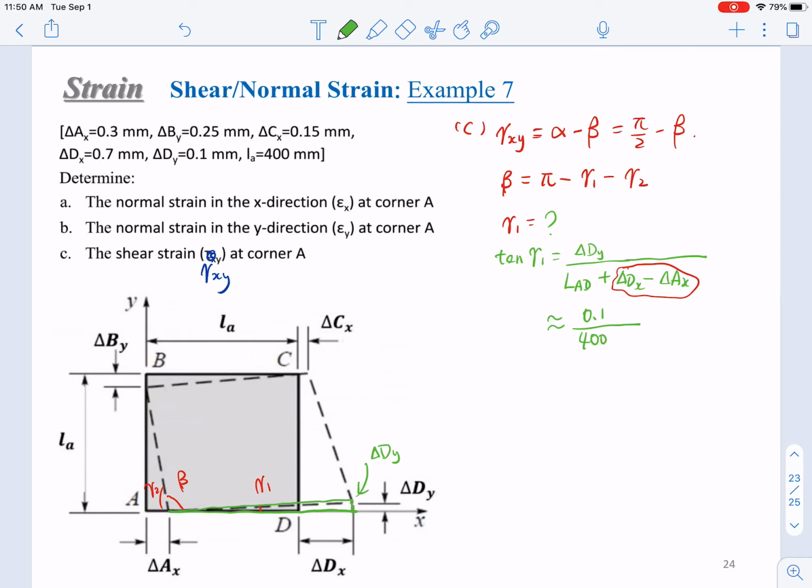The delta DX minus delta AX is just 0.4, and it will not affect the results significantly, so we can do this approximation. Here it would be 0.00025 radian. This is definitely a small enough angle, so we can say that gamma 1 equals tangent gamma 1 equals 0.00025 radian.